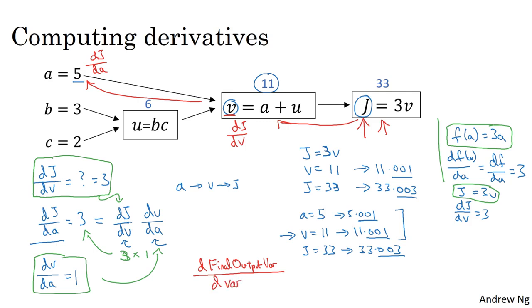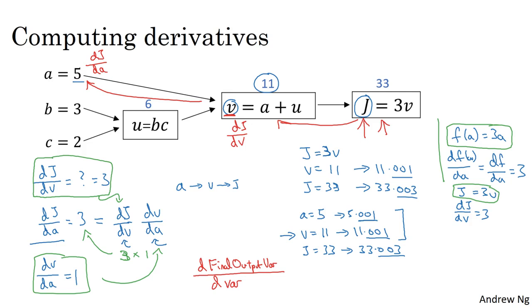So a lot of the computations you have will be to compute the derivative of the final output variable, really J in this case, with various intermediate variables such as a, b, c, u, or v. And when you implement this in software, what do you call this variable name? One thing you could do in Python is write a very long variable name like d final output var over d var.